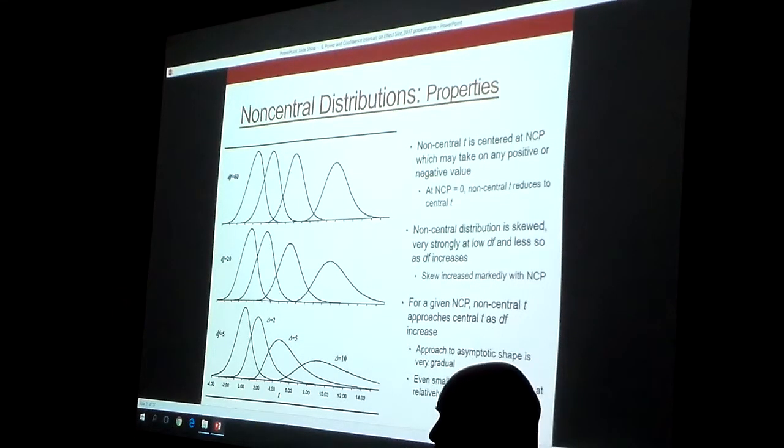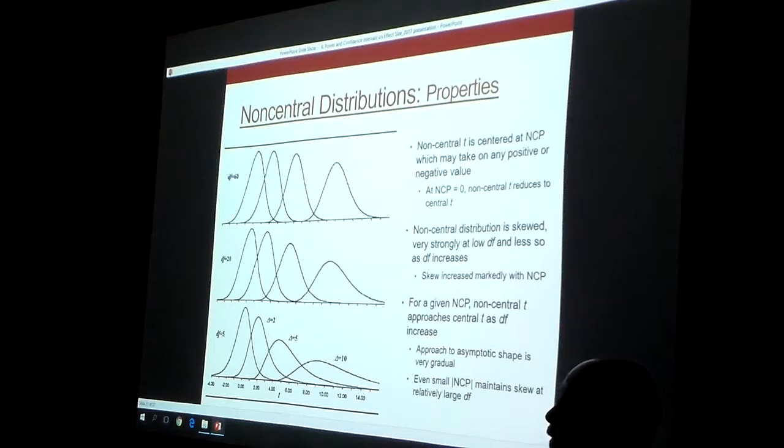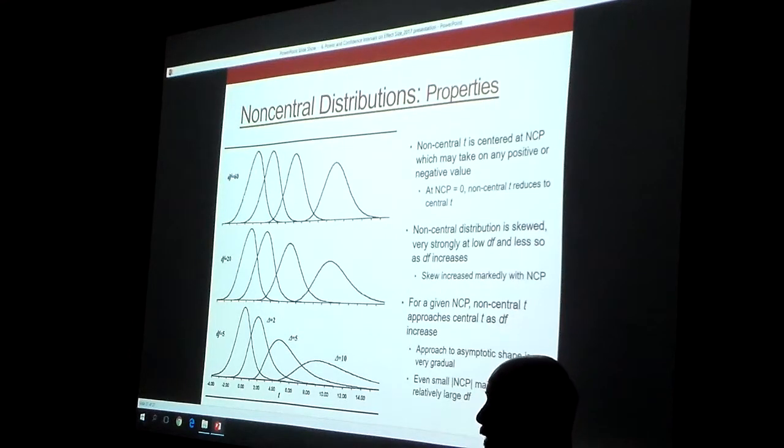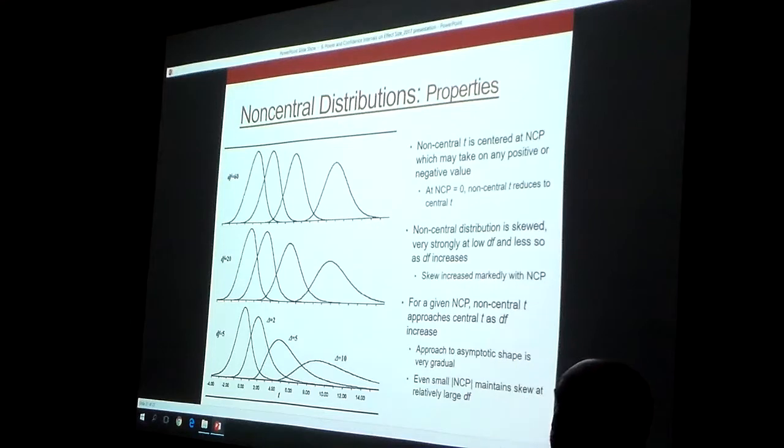Mm-hmm. Why is that? Because the distribution has been dragged. Yeah, right. So we're assuming that all things being held equal, our effect size of 0.8 corresponds to a larger non-centrality parameter than our effect size of 0.3, right?